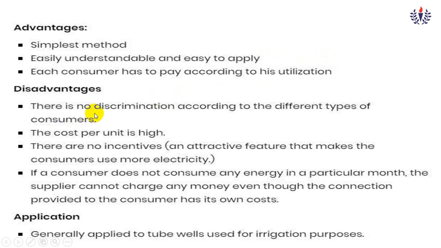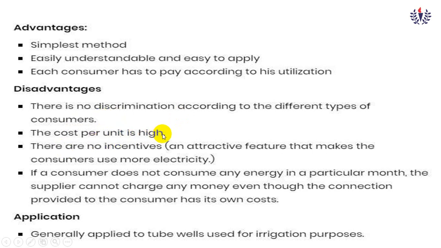The disadvantages: there is no discrimination according to the different types of consumers. Some differentiation should be shown for different types of consumers. If everybody is paying the same bill, there is no difference at all. So we should show some discrimination. And the cost per unit is high.